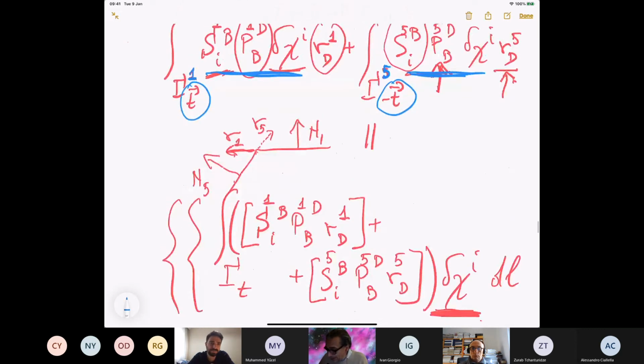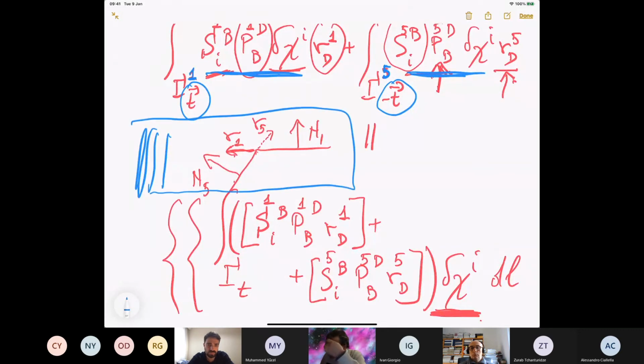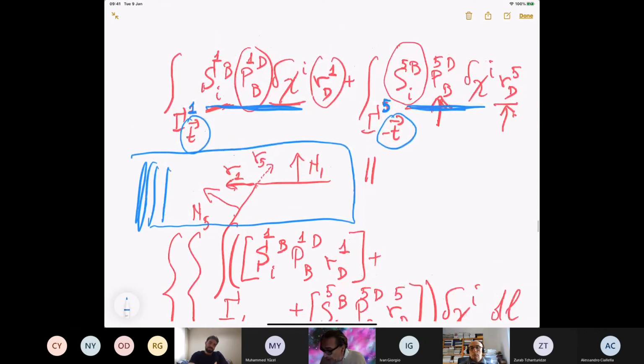And I repeat here the drawing which we have done several times: nu 1, nu 5, N1, N5, and also P1 is equal to the identity minus Q1.